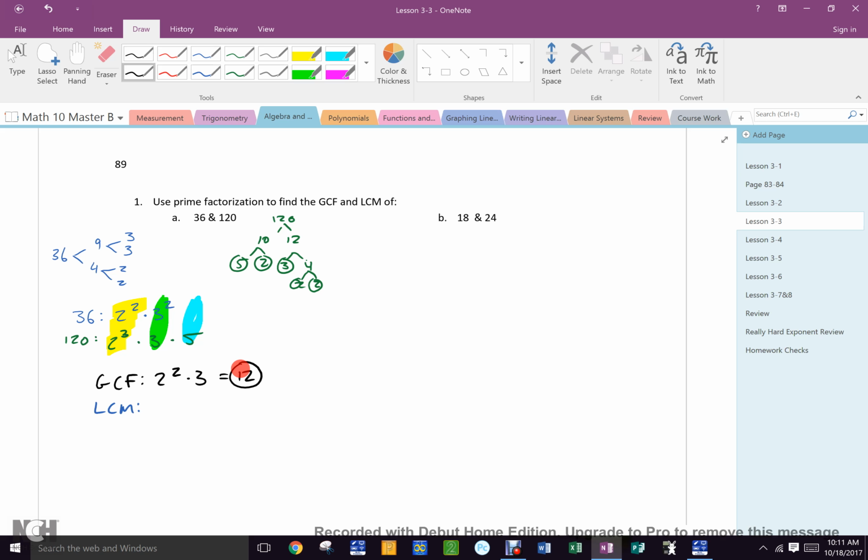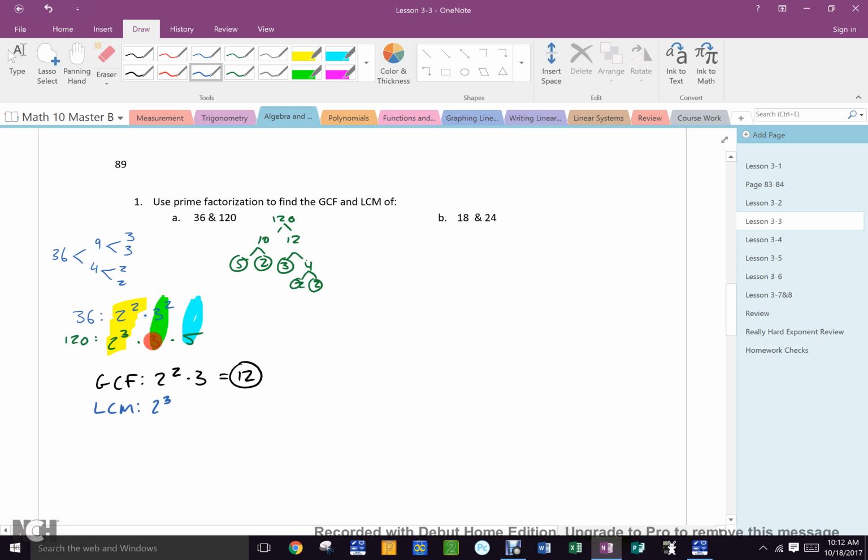You just look at what is shared between your numbers. You don't look at any extras. What do you need for the multiple? You need to cover everything, yes? Okay. So, how many 2's will cover all of my 2's? 2 cubed.